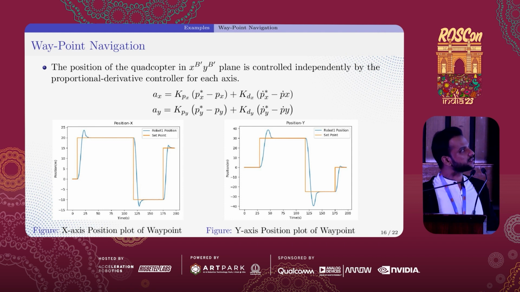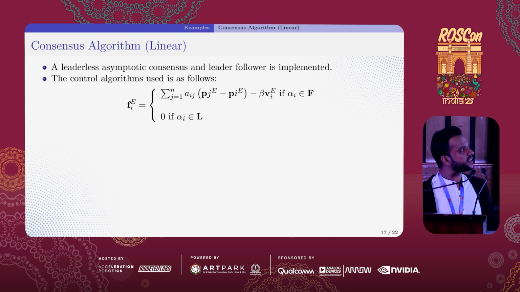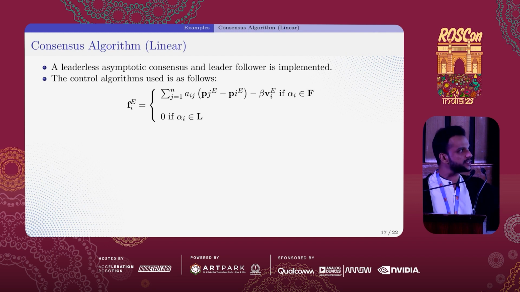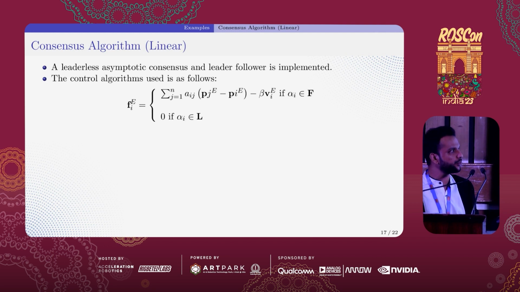The second was the consensus algorithm, where we have tried both leader-follower as well as leaderless consensus. This is given by the following equation, where the first equation is for the followers, and if the agent belongs to the leader group, it will be controlled externally.